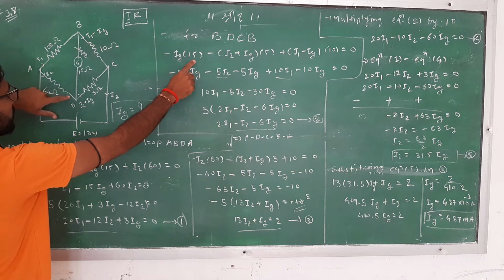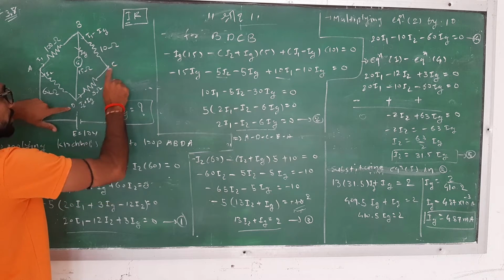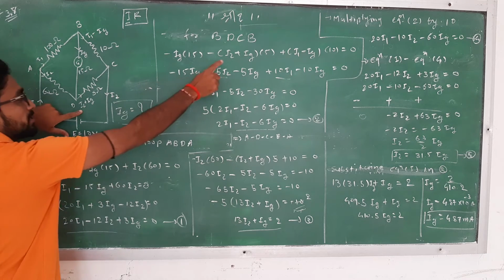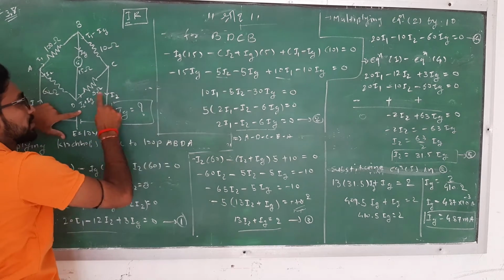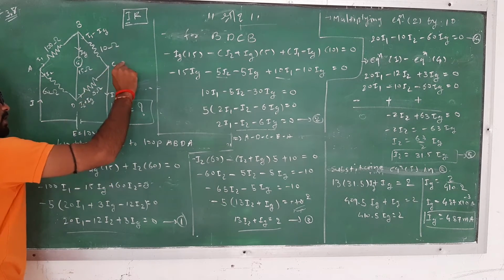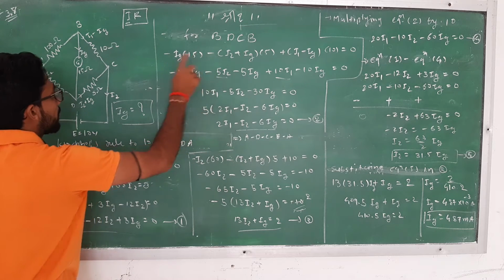The current also flows from B to D, so this is negative. When we go from D to C, we have resistance 5 and the current is I2 plus IC. Our motion is from D to C and the current also flows from D to C, so this is negative.